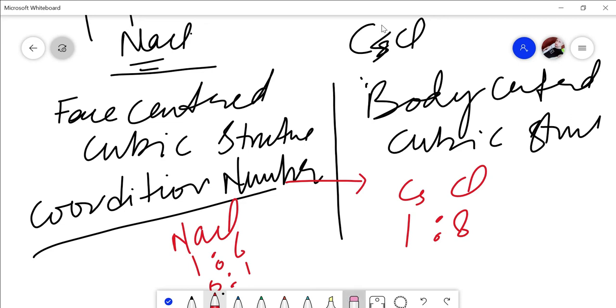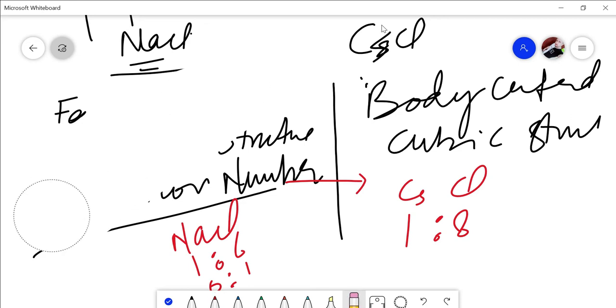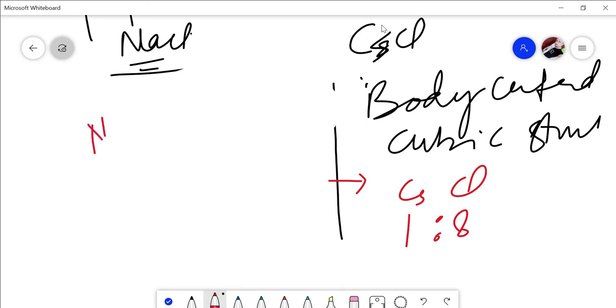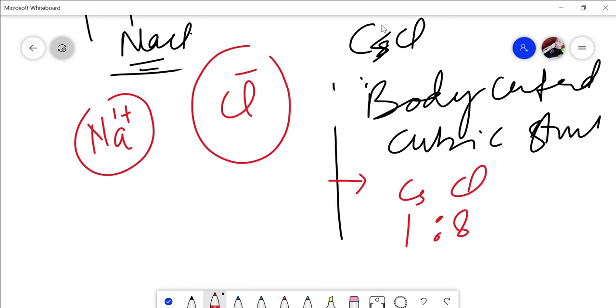And what's the reason for that? The reason for that is that sodium ions are smaller in size. It can accommodate chloride ions which are not that much bigger in size.